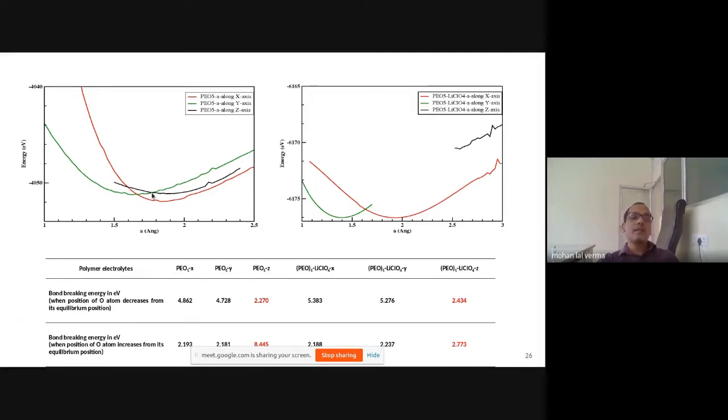The center point is the equilibrium one, and one can compress the polymer, or one can extend the polymer, and that effect can be seen. Here, the bond-breaking energy is shown when the electrode is positioned at 2 atoms decreased from the equilibrium position, in the case of pure PO along the x-axis, y-axis, and z-axis. So what we do? Here again, we have used the latest optimization script.